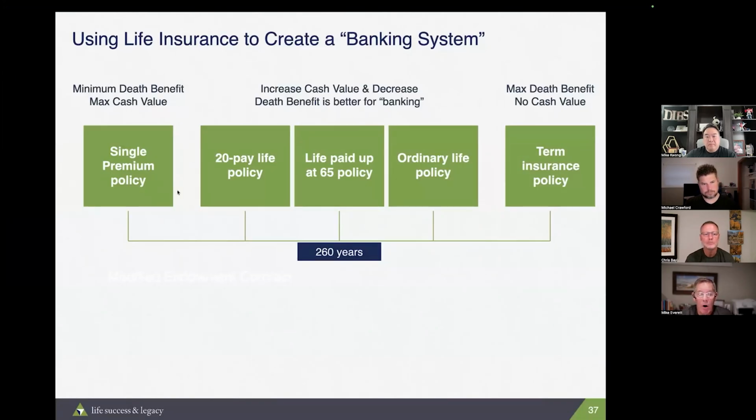There are all kinds of policies on this timeline, by the way, but we're only going to touch on a few so you can get a 30,000-foot view of why we do what we do. So we're going to talk about the 20-pay life, paid up at 65, and ordinary life.